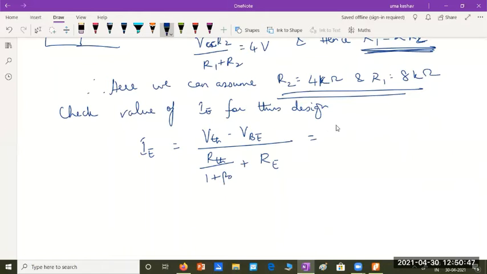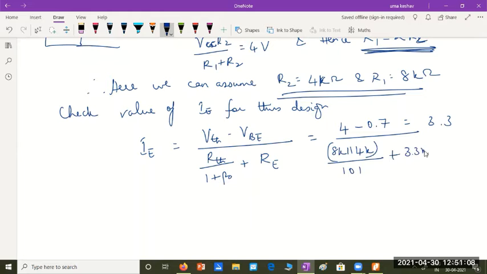This was the equation. 4 minus 0.7, as usual, is 3.3. RTH in this case is 8K in parallel with 4K. 1 plus beta as usual is 101. RE remains 3.3K.